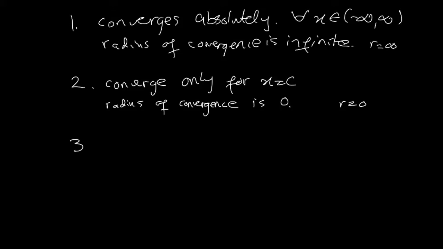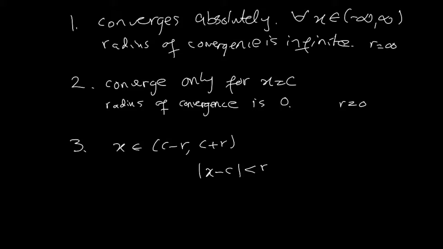Okay, and the third possibility is that the series converges absolutely for x belonging to (c minus r, c plus r). How do I get that? Well, it's not very difficult. If you remember, if r was the radius of convergence, this occurs in the situation where we end up with |x minus c| less than r.